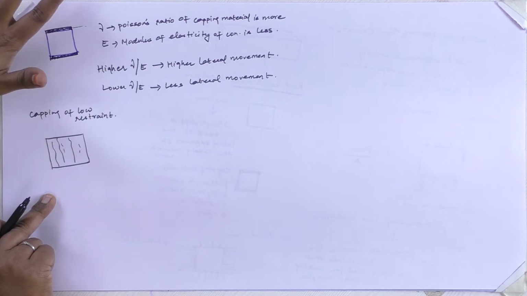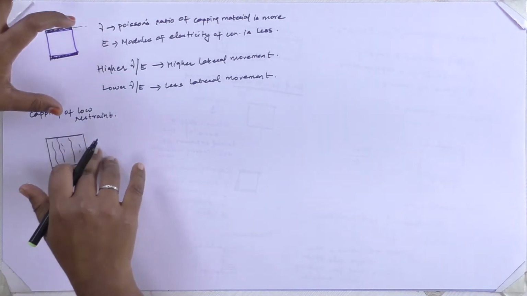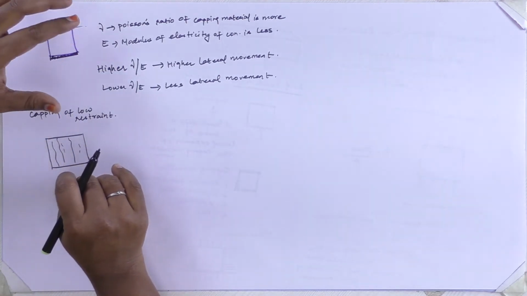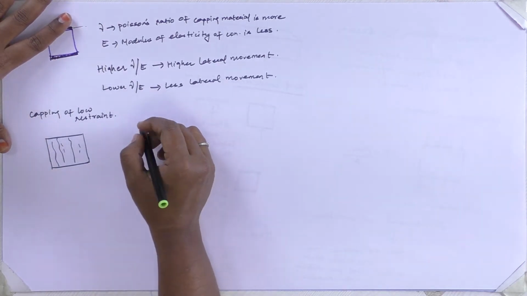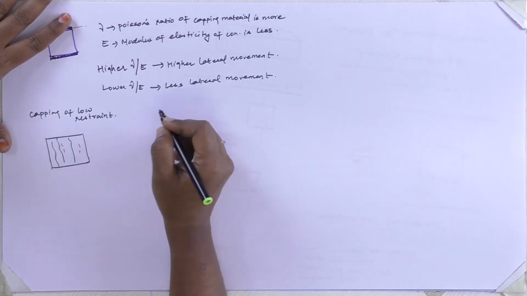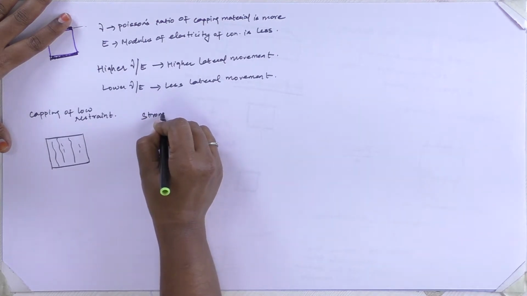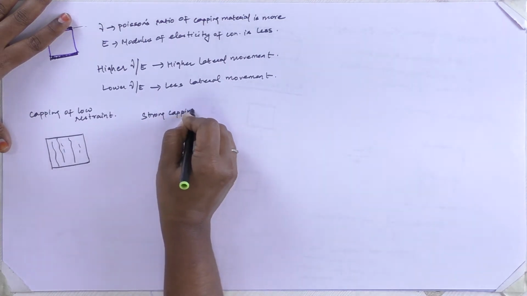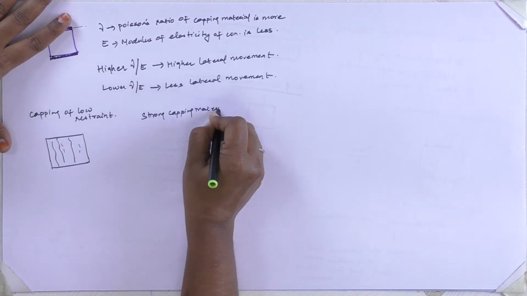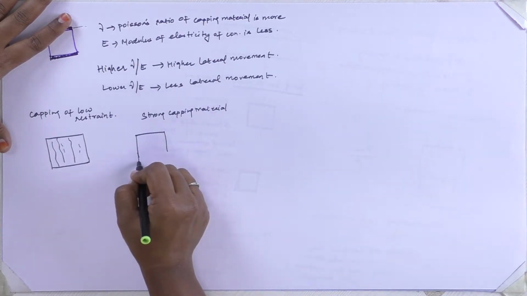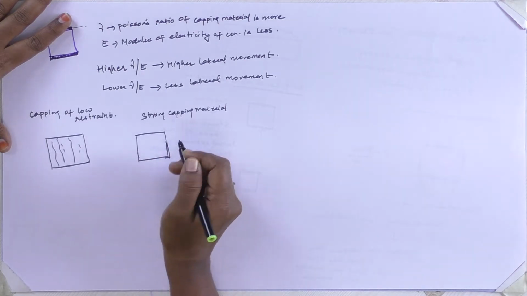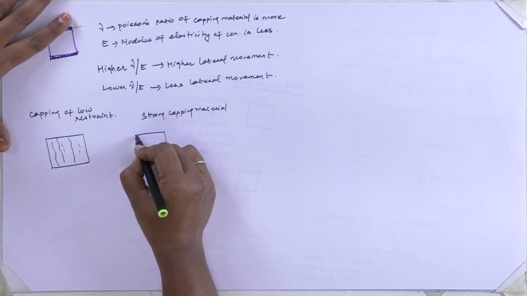That is, the cracks will grow parallel and it starts to fail. If I use a strong capping material, then I will have a failure mechanism of this manner.